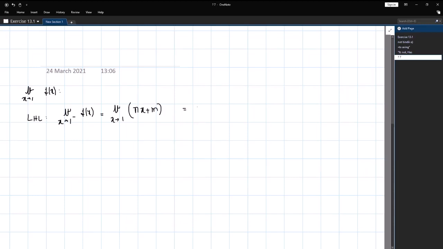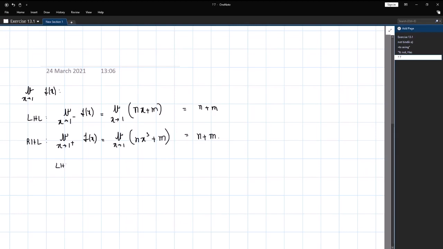So if x is equal to 1, the left hand limit is n plus m, and the right hand limit is limit x tends to 1 plus of f of x, which is nothing but limit x tends to 1. We'll have to use the third equation, that is n x cube plus m. If we substitute x equal to 1, what we'll have is n plus m.